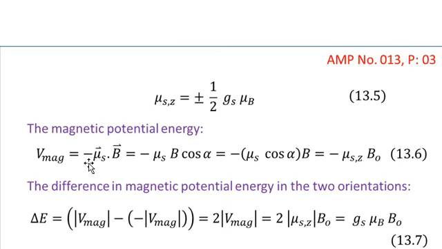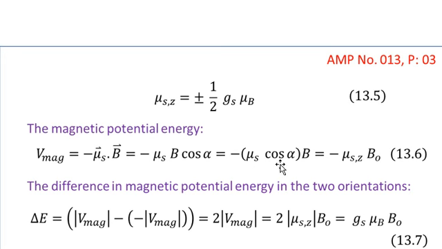So here we have minus mu s dot B, which is minus mu s times B times cos of alpha. This B can be referred to as B naught more precisely, because here we are talking about B naught. Then you can combine mu s with cos of alpha.